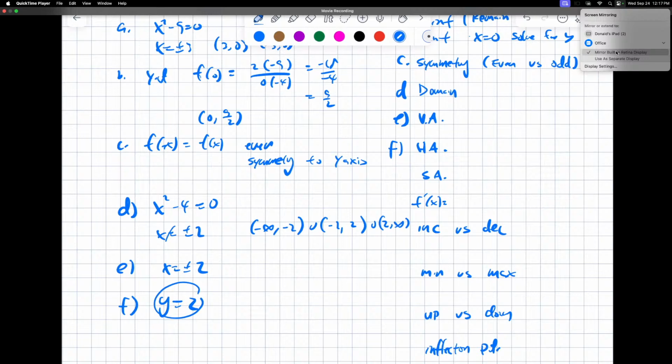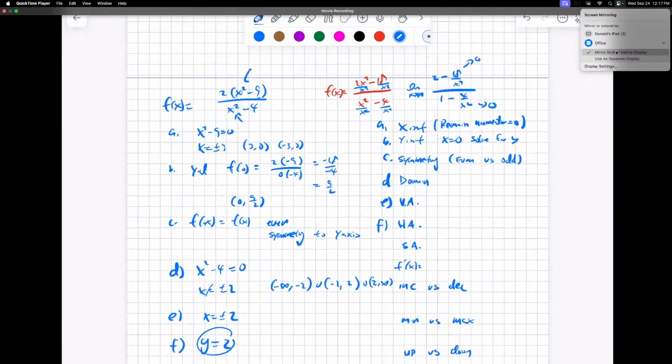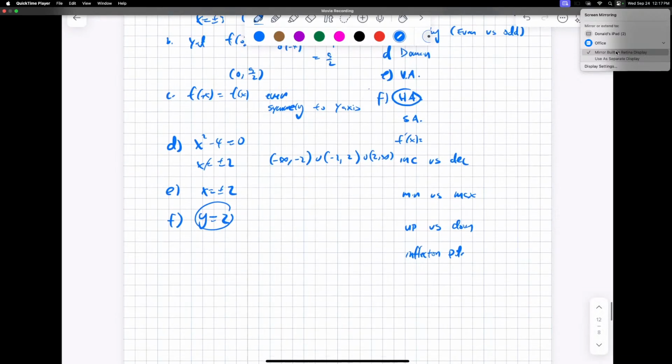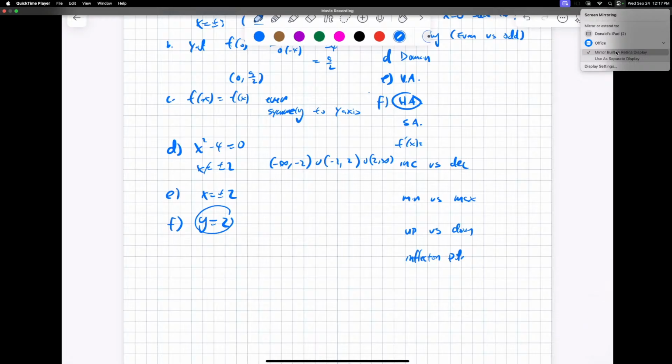If you divide by the highest degree, the only thing that's calculus is this part. Even with pre-calculus, you can still find the horizontal asymptote just by looking at the degree of the functions. So in this case, y equals 2, and that's something you guys need. For the slant asymptote, there was none.